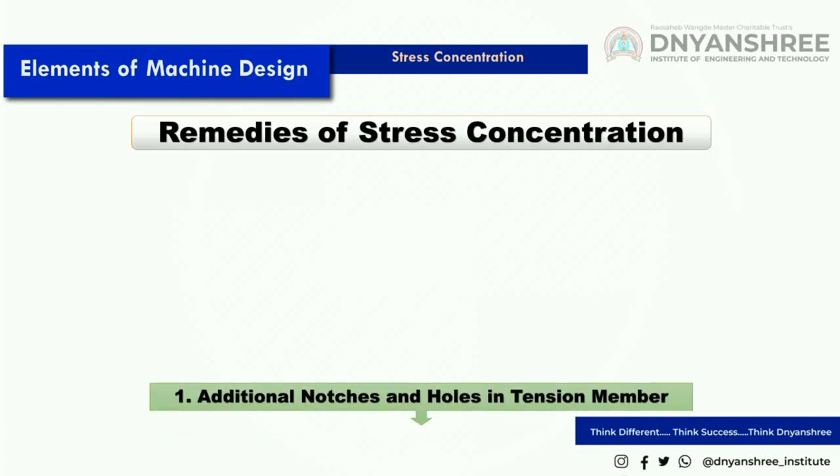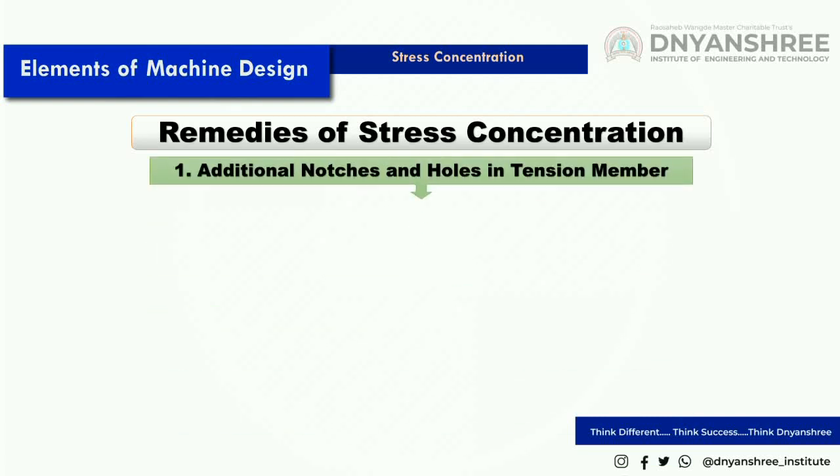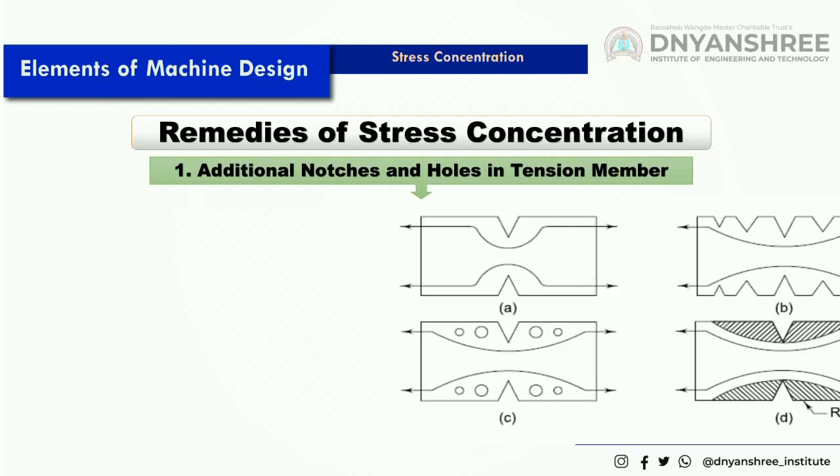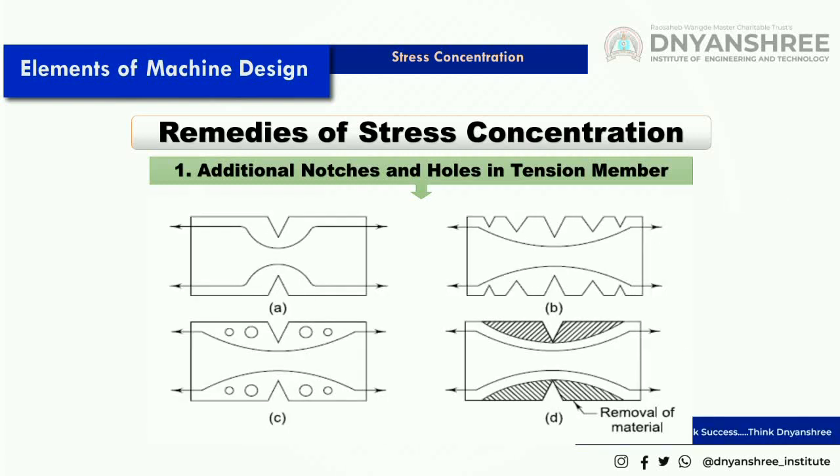See one, additional notches and holes in a tension member. In figure A, there is the actual tension member. Tensile load is acting on that member. You see the stress lines. At the notch at the center, the stress lines get close together. That is, stress is localized in the vicinity of the notch.